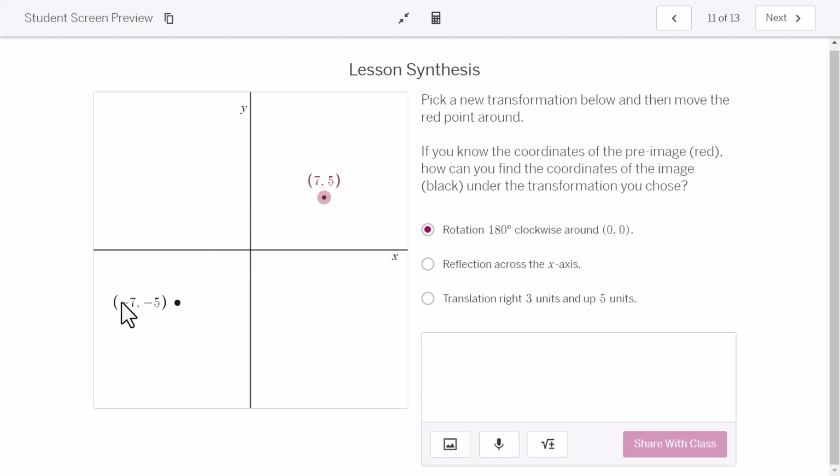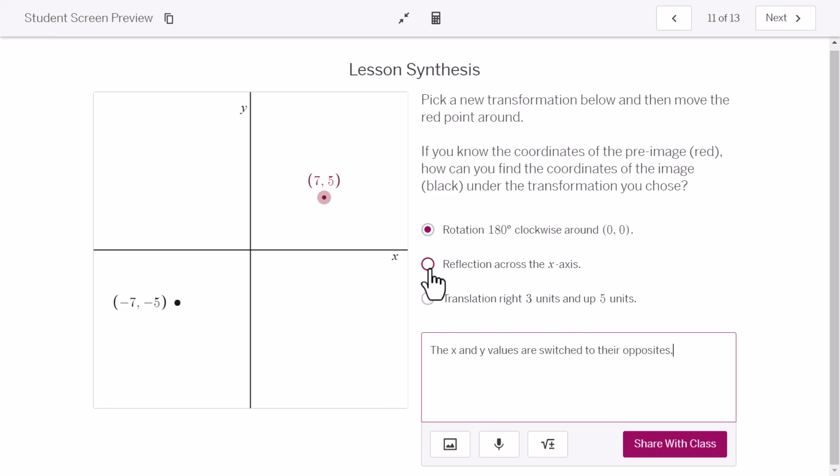So 7 becomes -7, 5 becomes -5. Remember, this is a different rotation than the one we were working with earlier. This one's 180 degrees. So I could write a rule for that. The x and y values are switched to their opposites from the pre-image to the image.